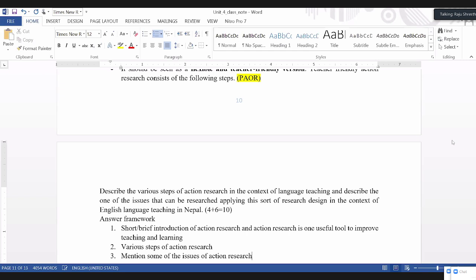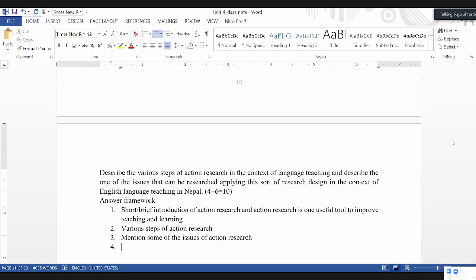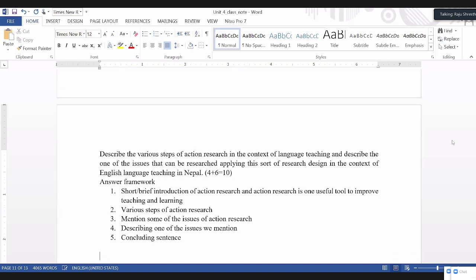Next, research applying this issue that can be researched, and describing one of the issues. One of the issues we mention, and then a concluding sentence.